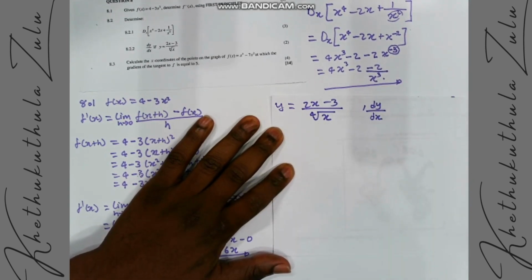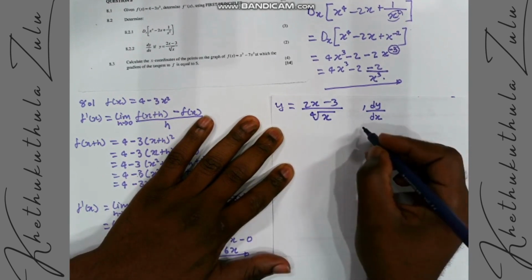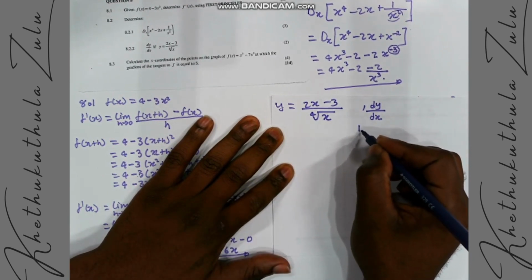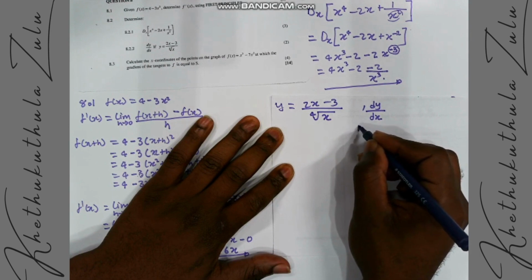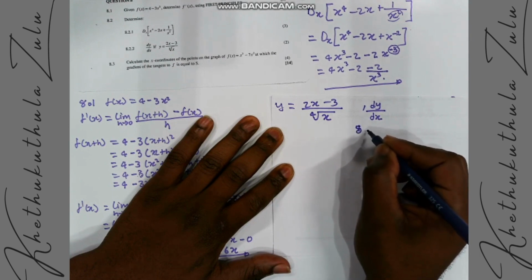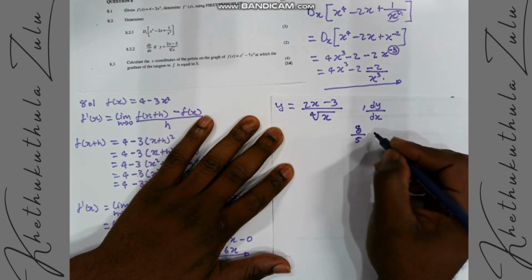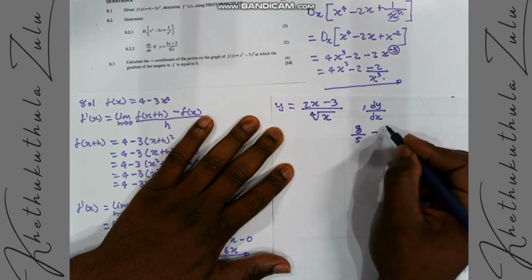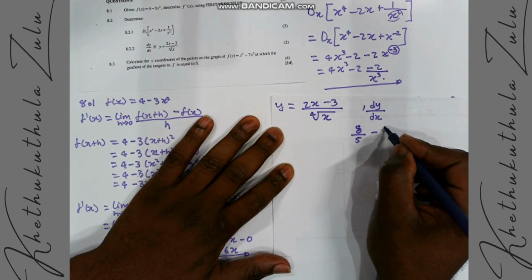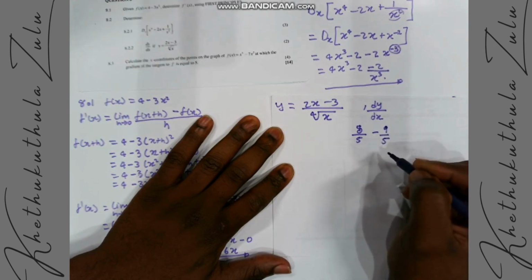Now what I'm going to explain here, I'm just going to say 8 over 5 minus, let me just say 9 over 5.